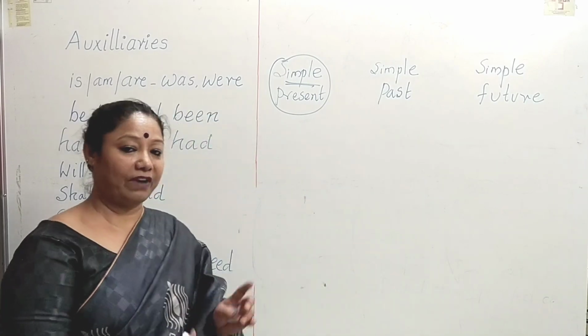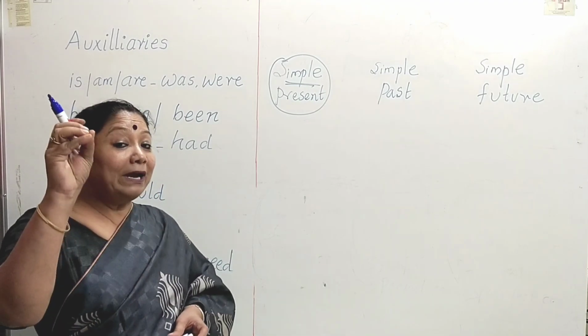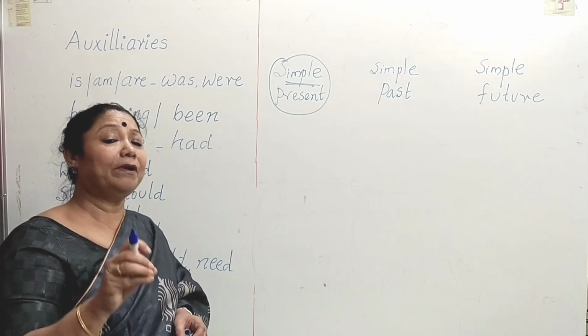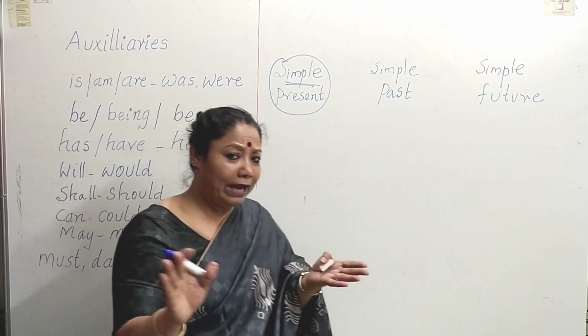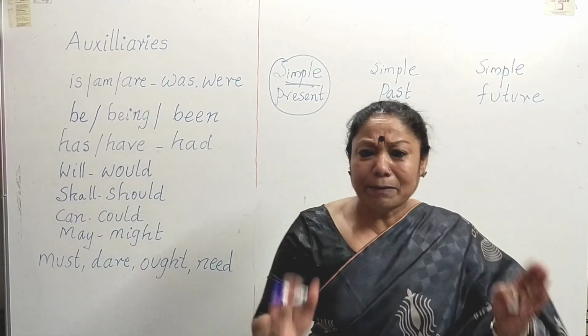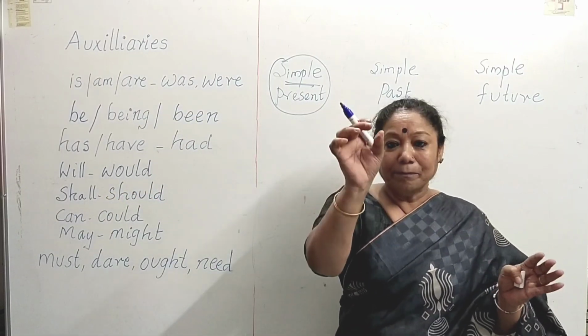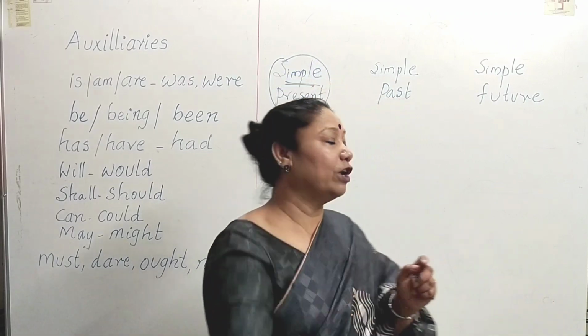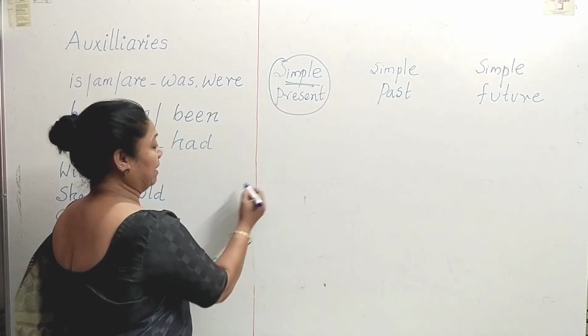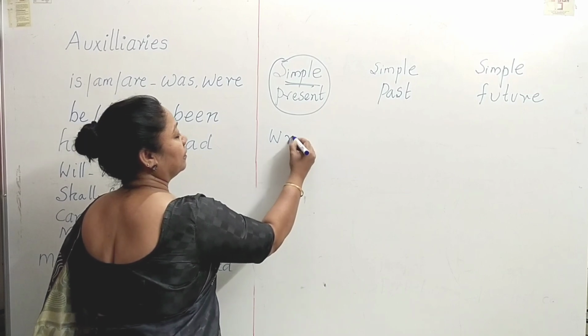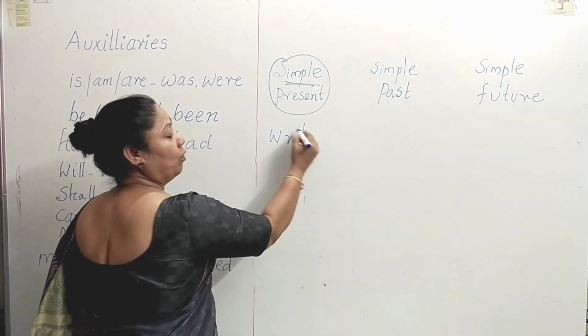In the beginning itself I have told you. So simple again, what does simple mean? Simple means no ing, no s, no ed, nothing. Simple present, the root word, for example, write. No ing, I told you, write.